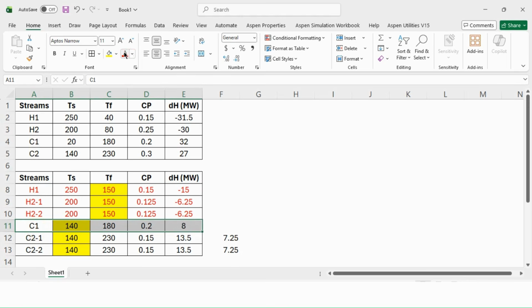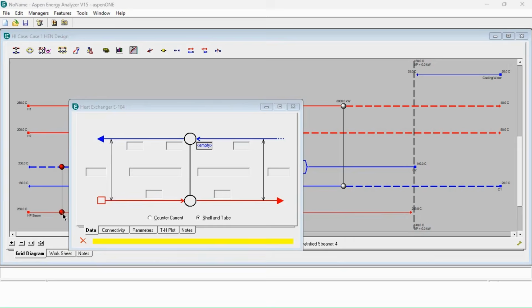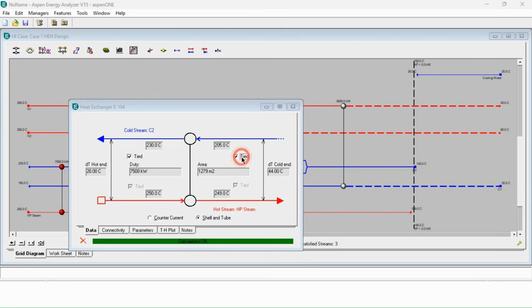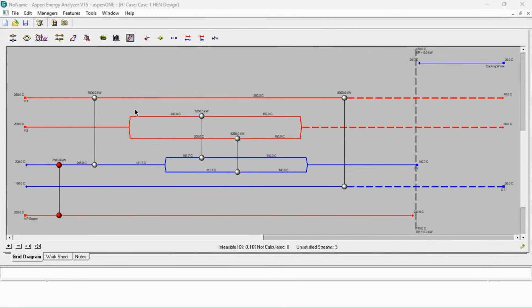This stream has also been eliminated from the system, and now only C2 is left, whose total load is 7500 kilowatt. For this, we need to do the connection with the utility stream, which is the HP stream, and tying it, we get 7500 kilowatt duty. So this is the stream splitting principle which we have applied in the above pinch system.